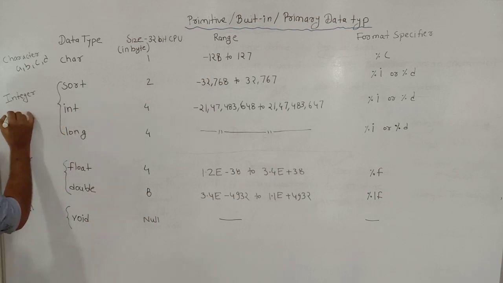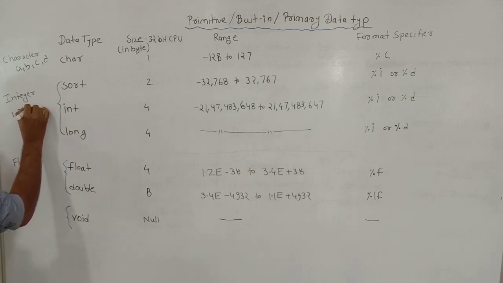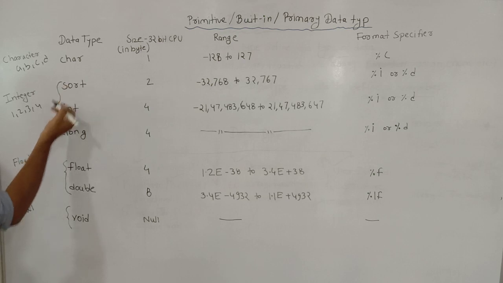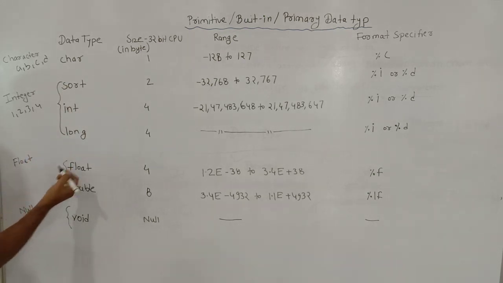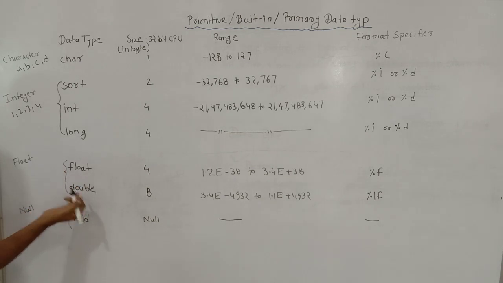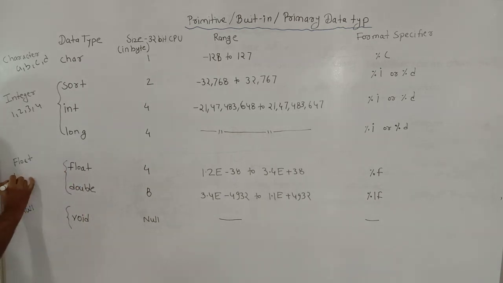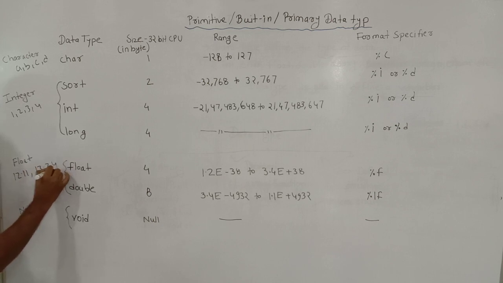Examples of integer data are 1, 2, 3, 4. And next is floating data. There are two types of floating data type: float and double. Examples are 12.11, 13.24. And next is null.